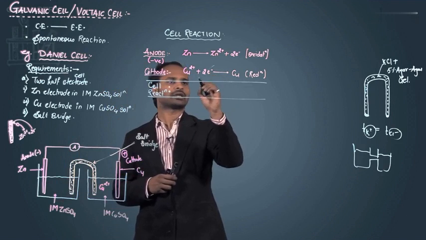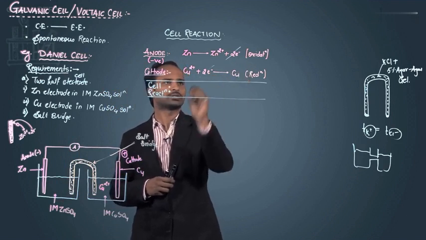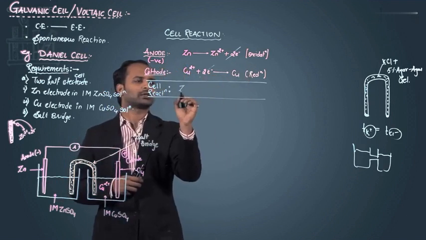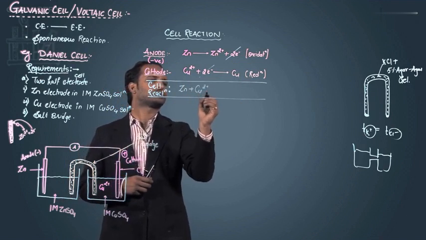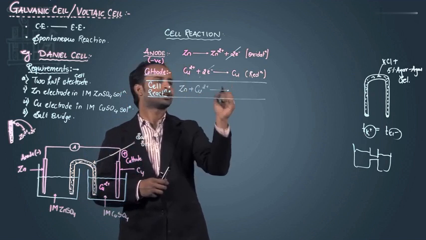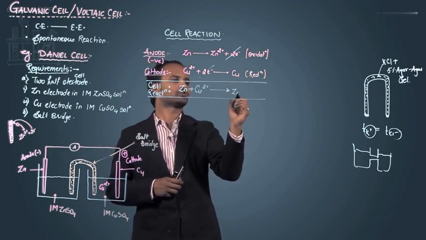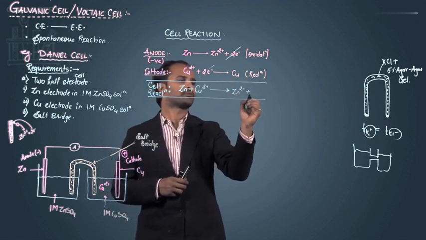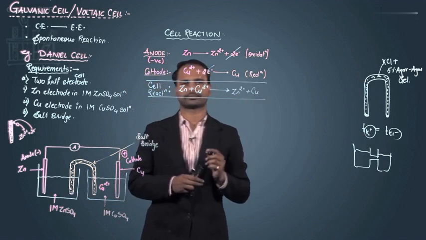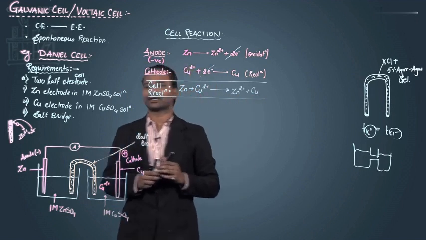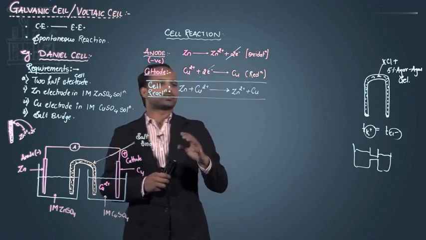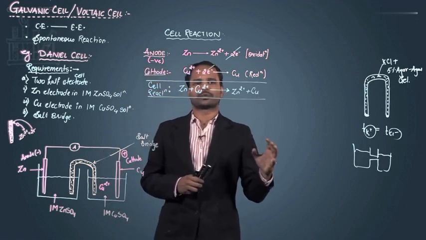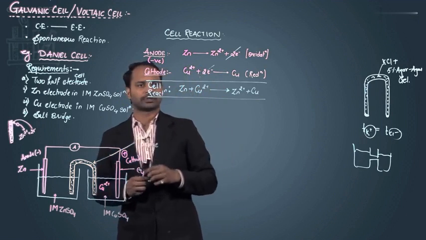So here the electrons cancel, and we will have zinc plus copper 2 plus gives zinc 2 plus plus copper. So this is the cell reaction which is taking place in a Daniell cell.